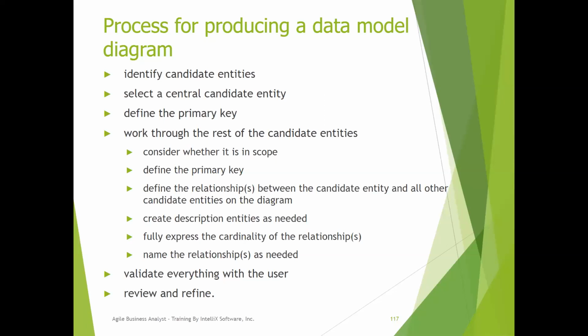Once you do that, you focus on the second entity and ask, what is the relationship between this and the central entity that you identified? You need to understand whether it's going to be in scope for the purpose of the process or not. For example, when we did the billing process for the PHN nursing system, there is going to be a billing department at the physician or provider's office.